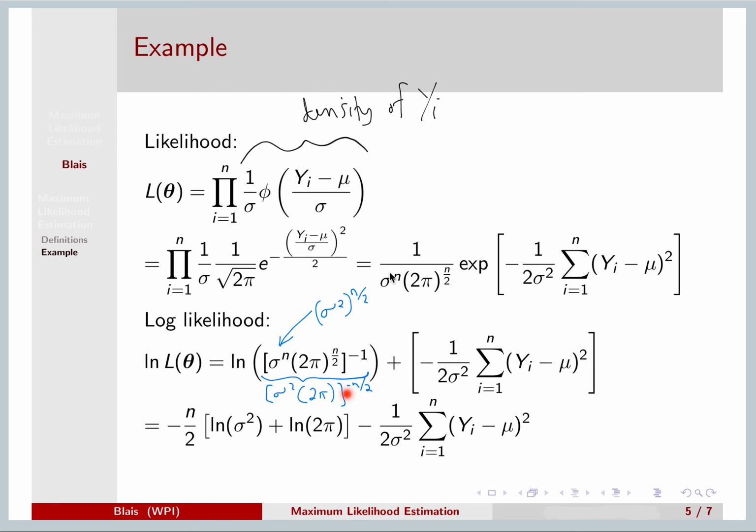We use the property of the log and bring the negative n over 2 out front. And then what remains is log of sigma squared 2 pi, and the log of that product is the sum of the logs. Over here, we don't really change things. So this is our log likelihood. This is what we want to maximize over sigma squared and mu.